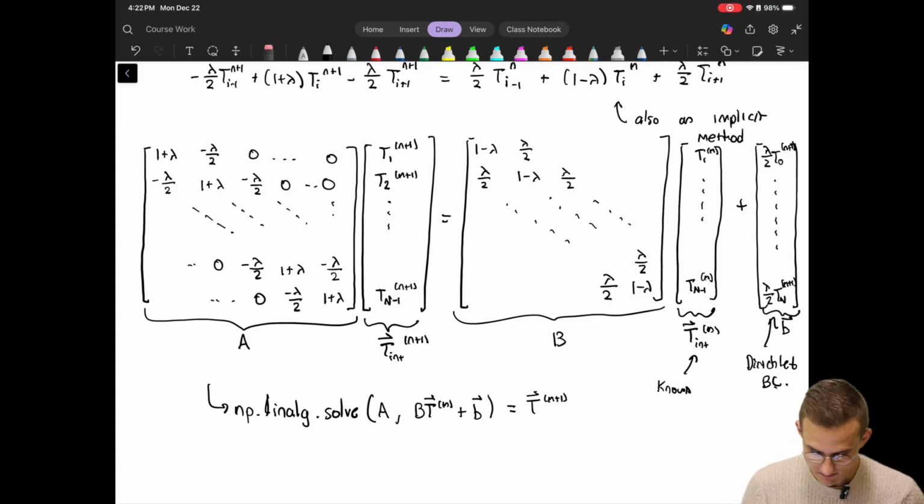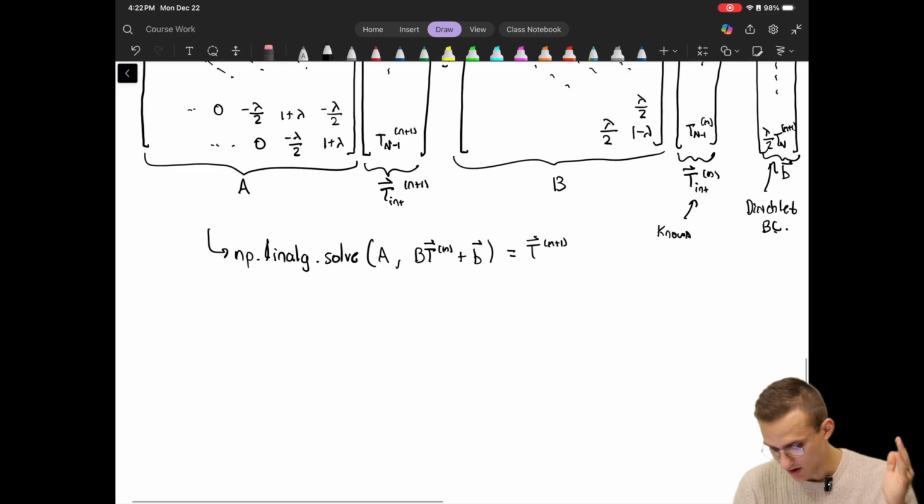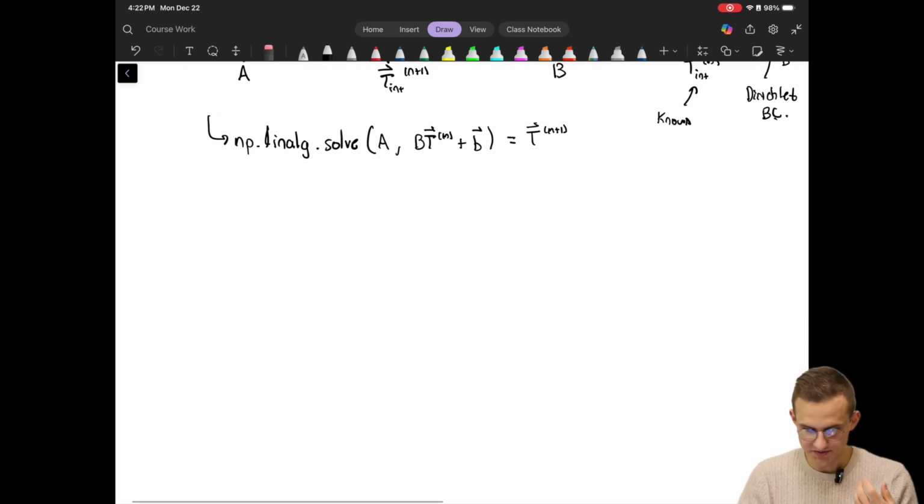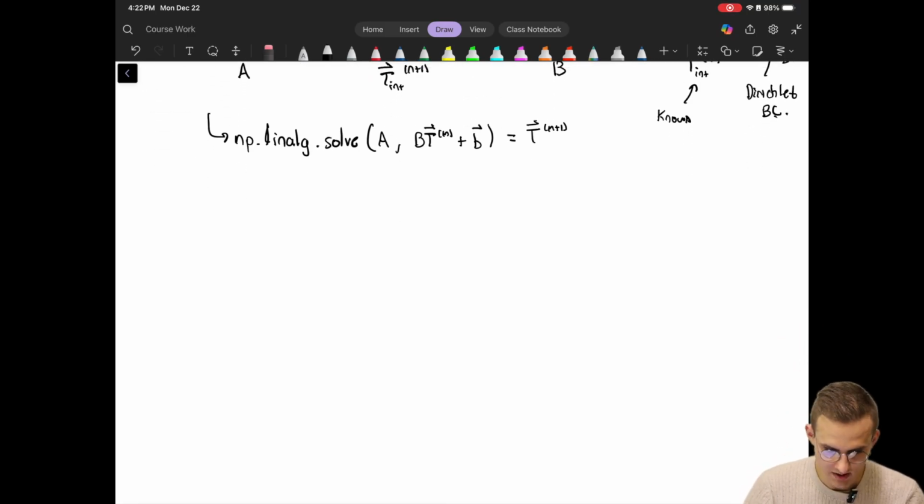Okay. So before we go over to the numerical solutions, to show you some plots and stuff like that, let's talk for a moment about higher dimensions.